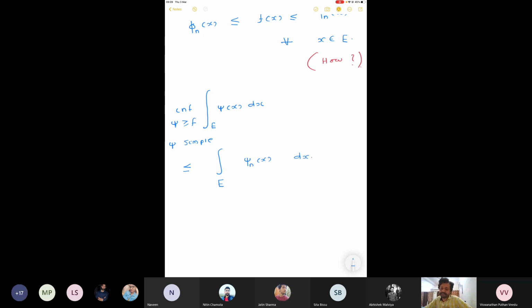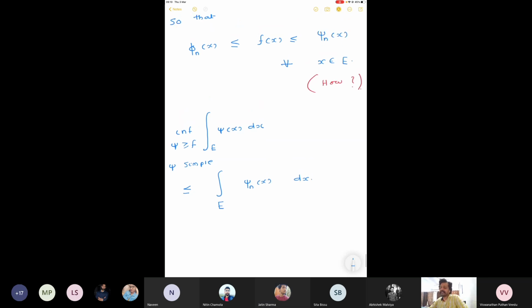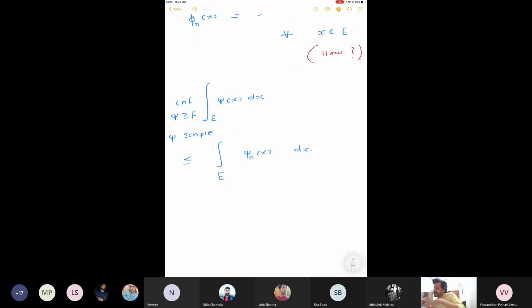Do you see this? Yes, sir. How does it follow? This is the infimum over a large set, whereas this ψ_n is just one element in that collection. Because ψ_n is greater than or equal to f(x) and ψ_n is simple, therefore ψ_n's are only some elements in this collection and you are taking the infimum over the entire collection. So the infimum over the entire collection will be less than or equal to the integral over each element in that collection.